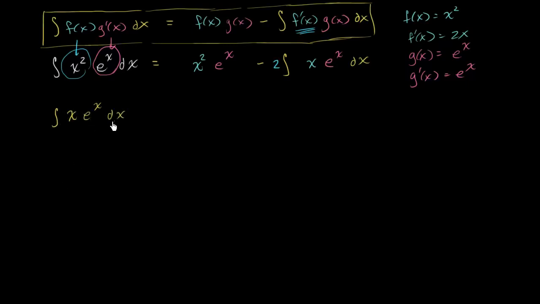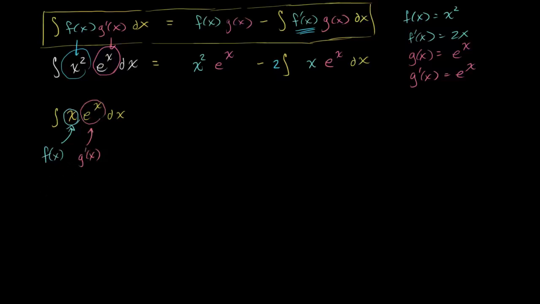And now this is another integration by parts problem. So let's again apply the same principles. When I take its derivative it's going to get simpler. Well, x is going to get simpler when I take its derivative. So for the purposes of integration by parts, let's redefine f of x to be equal to just x. And then we can still have g prime of x equaling e to the x.